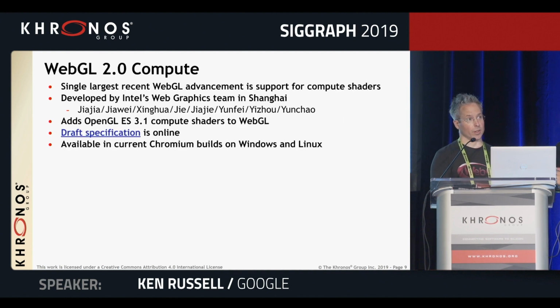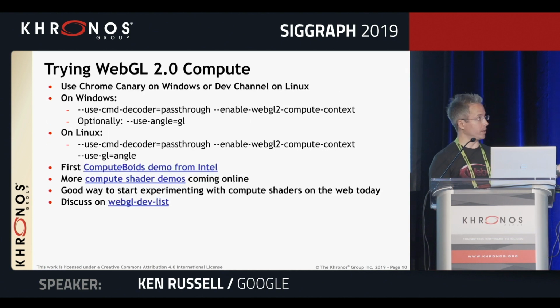WebGL 2 Compute is the single largest WebGL-specific advancement in recent times. You're going to hear more about it from Yang later, but this basically gives you compute shaders on the web today, on some platforms. It's available in current Chromium behind command line flags in Windows and Linux. There are some demos out there that will get you started. The TensorFlow JS folks are picking it up, and they're doing a backend for it.